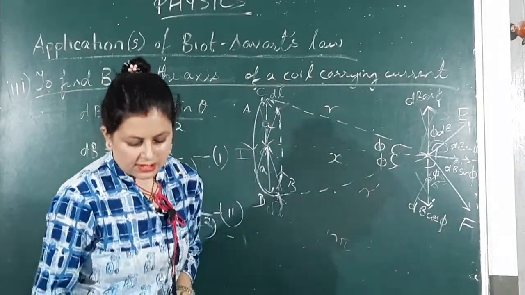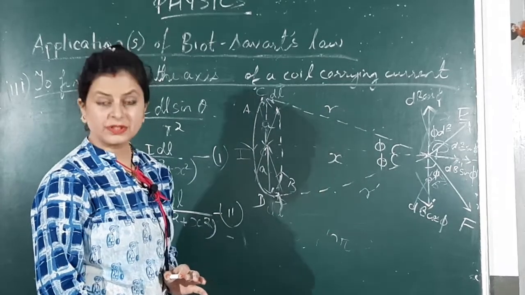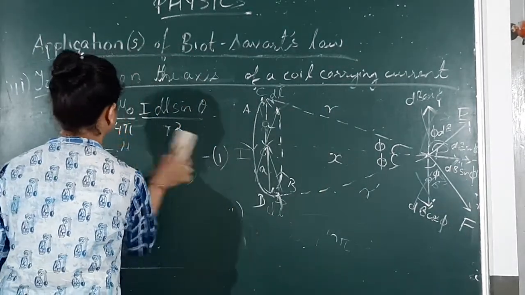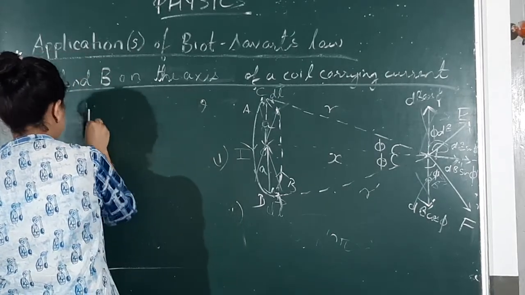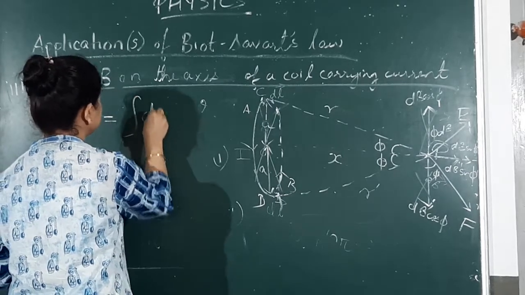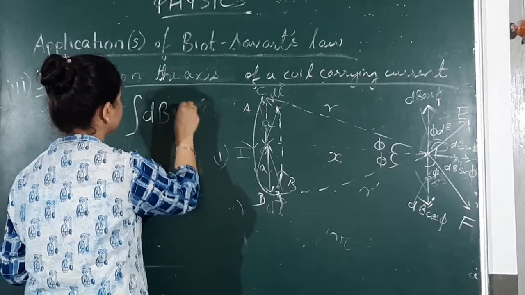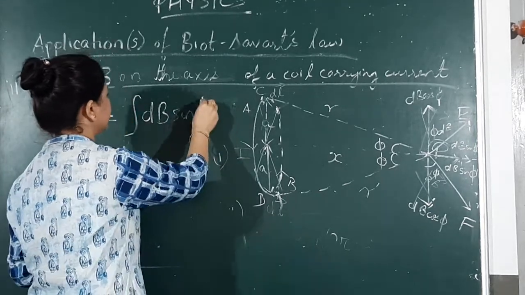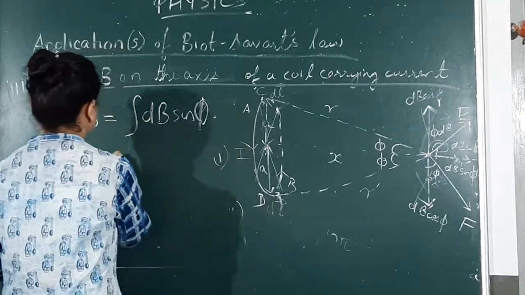So the total magnetic field induction at P due to the current through the entire coil is given by B equals integration of dB, not dB, it is the component, that is dB sin phi. That means the sine component of dB will be contributing to the magnetic field.